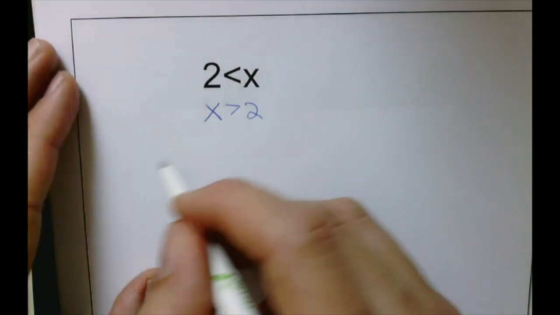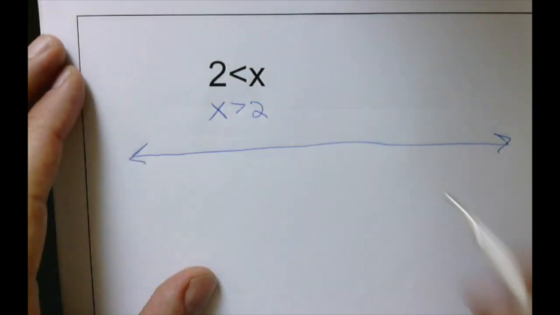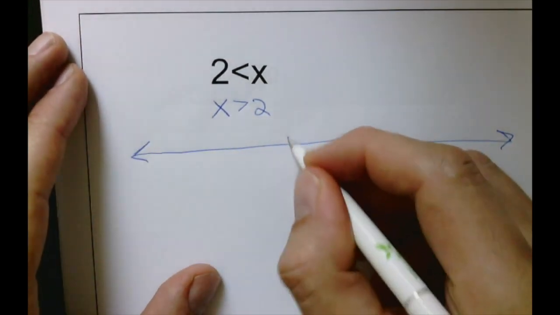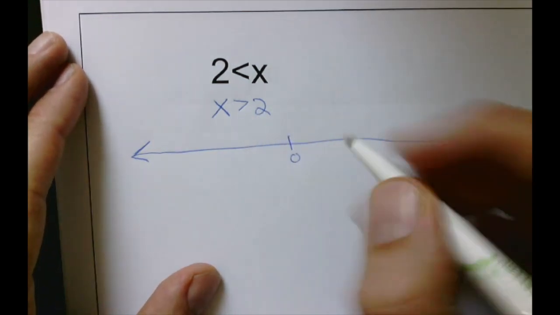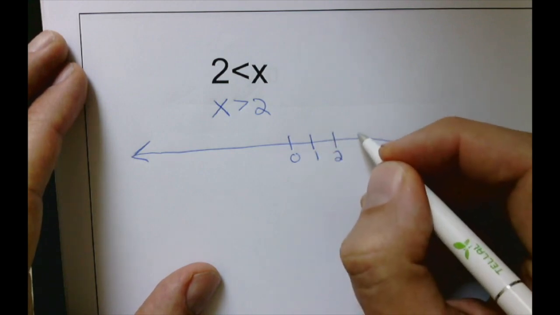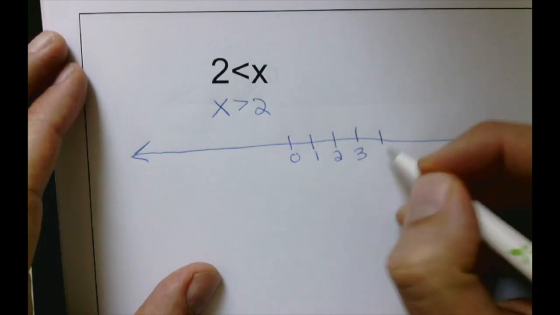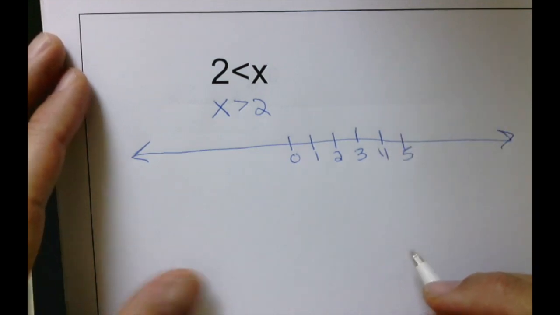Next, I'll draw a number line. And I'll write 3 bigger and 3 smaller than 2. And you may have to continue your number line as you go.